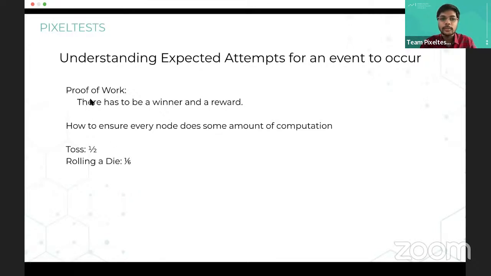Now, to understand how to ensure every node does some amount of work, some computation, we only give the authority to that node which has done the computation, because mining in blockchain is a computation heavy activity. So how do we ensure that he has done some work and then only he is eligible to win that reward?